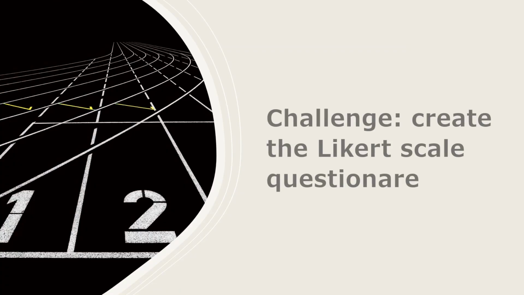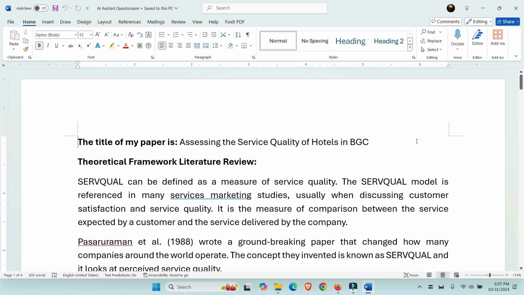But the challenge is how to develop a Likert scale questionnaire. This part is where the student normally has a hard time, and we will do it using AI. To start, maybe you could open up Microsoft Word or any word processing application so that it would be easier to input all of the data in ChatGPT.